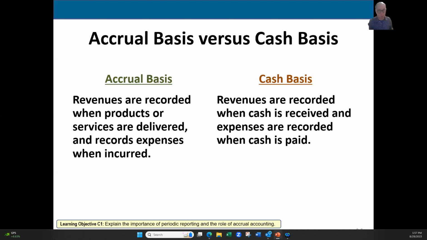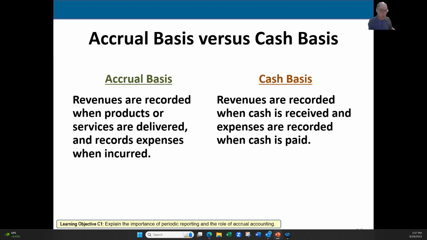The same is with revenue. With revenue, I make the sales, I collect the cash from the customer either over the counter at the time that the customer receives the product, or I ship the products to the customer and they'll pay me later. Either way, that's called accrual-based accounting. We recognize the revenue when we've delivered the good or the service.